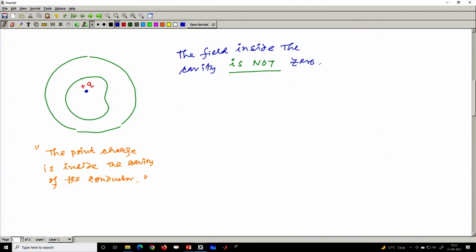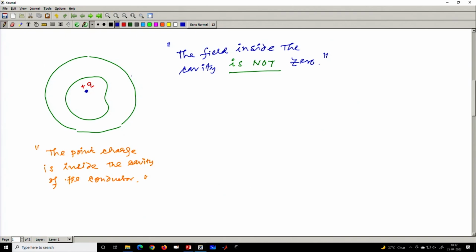Why it is not 0 you can understand easily when we place a charge inside this cavity.